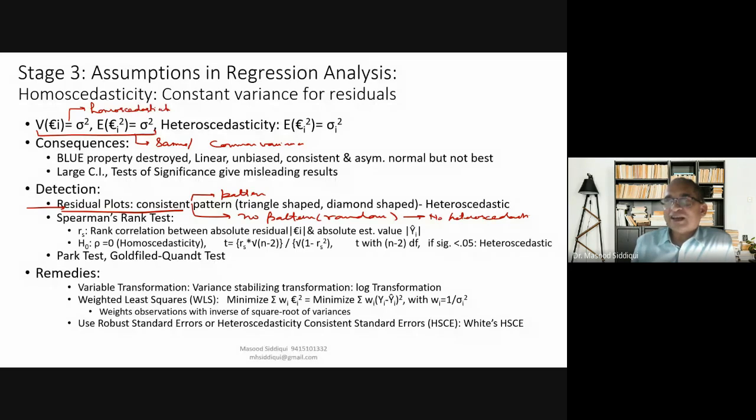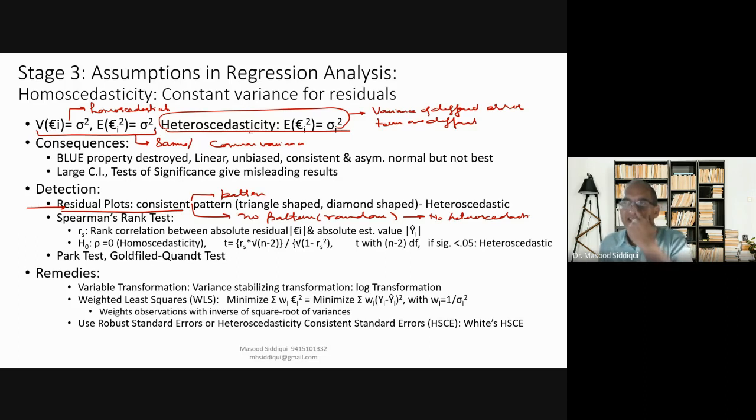But if the variances of the different error terms are different, means the variance of different epsilon terms, different residual terms are different, then this problem is known as heteroscedasticity. If our data has heteroscedasticity, then OLS is not that good. So we check whether our data has a substantial amount of heteroscedasticity or not. If the answer is yes, then we do not use this model.